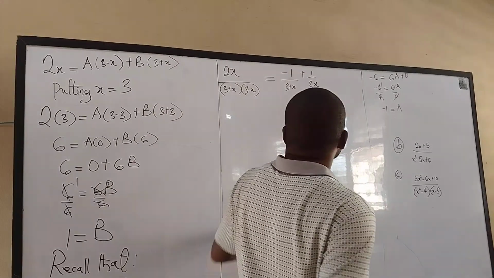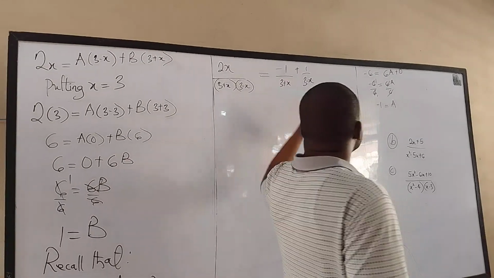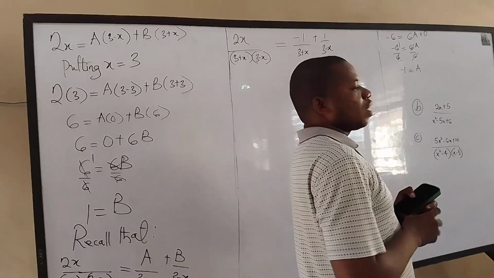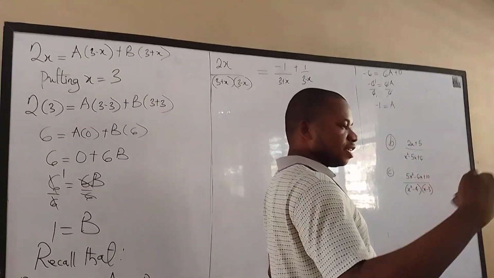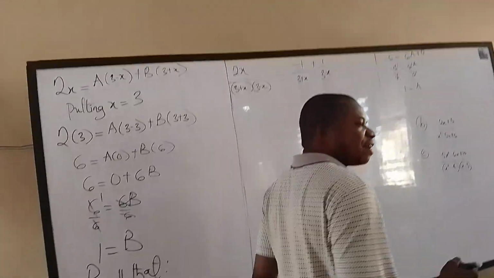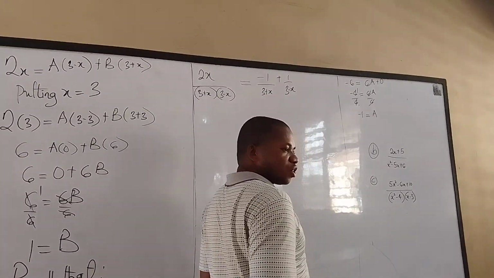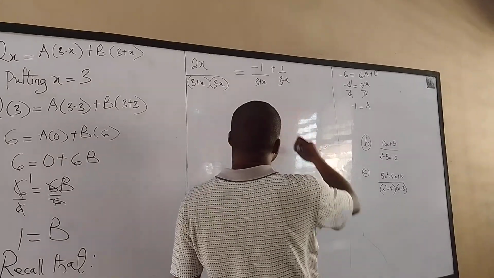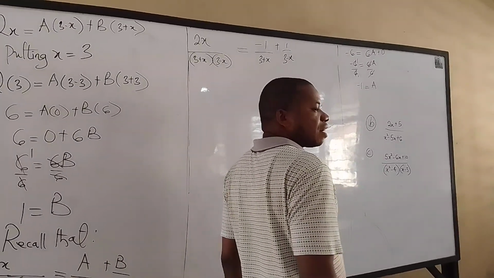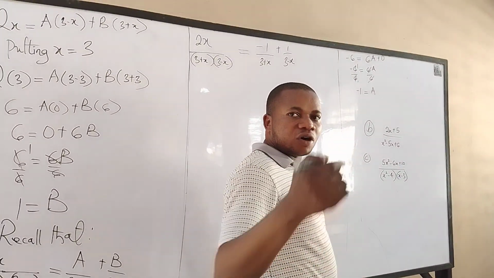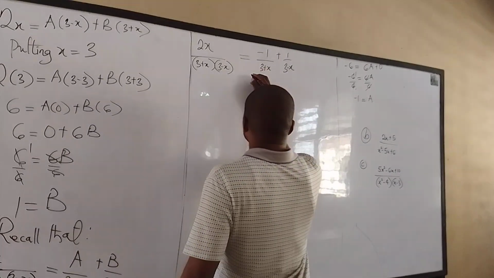Now, this is the answer, but it is advisable to bring your positive first. This is what we call rearrangement. This is the actual answer, but as a professional, you don't leave it this way. You allow the positive number to come before the negative number. You say rearrange.